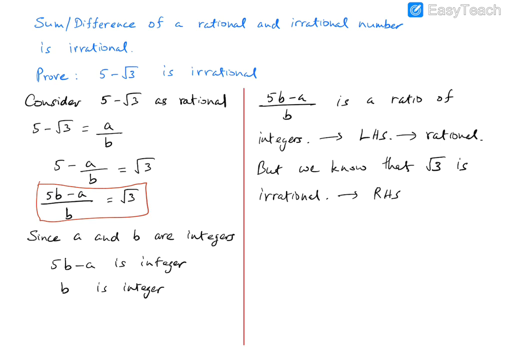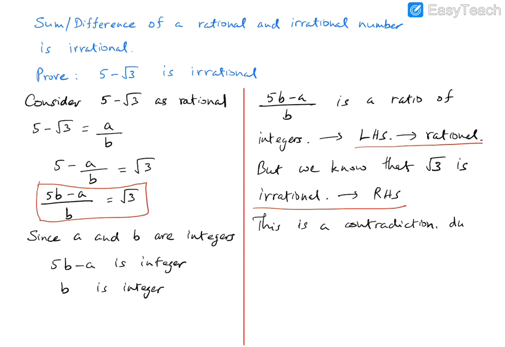So LHS is rational, RHS is irrational. So this is a contradiction. And why is this contradiction happening?